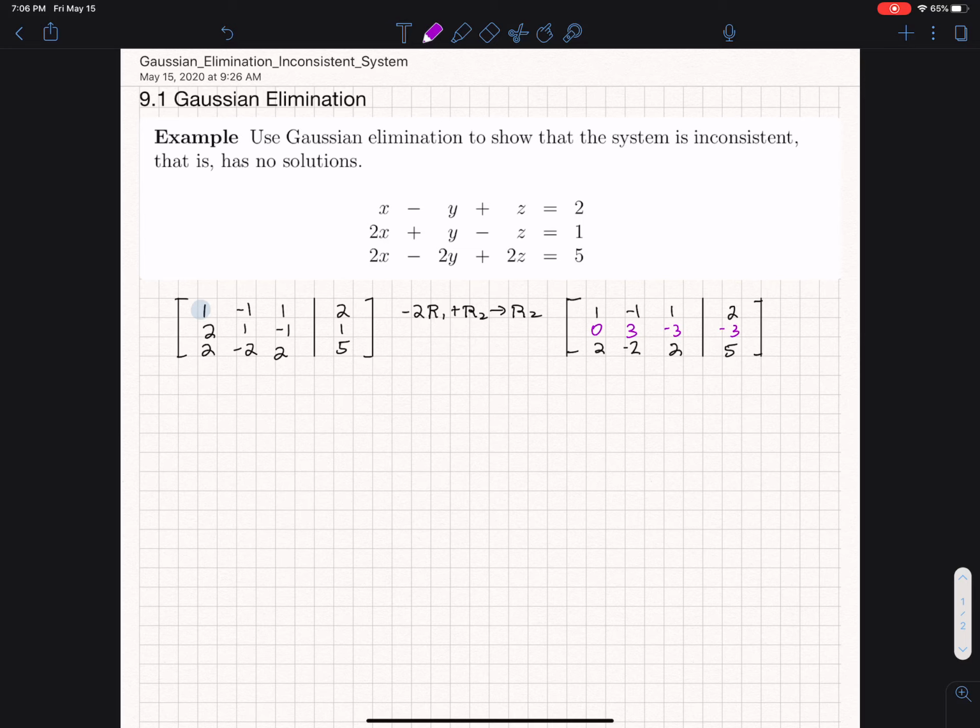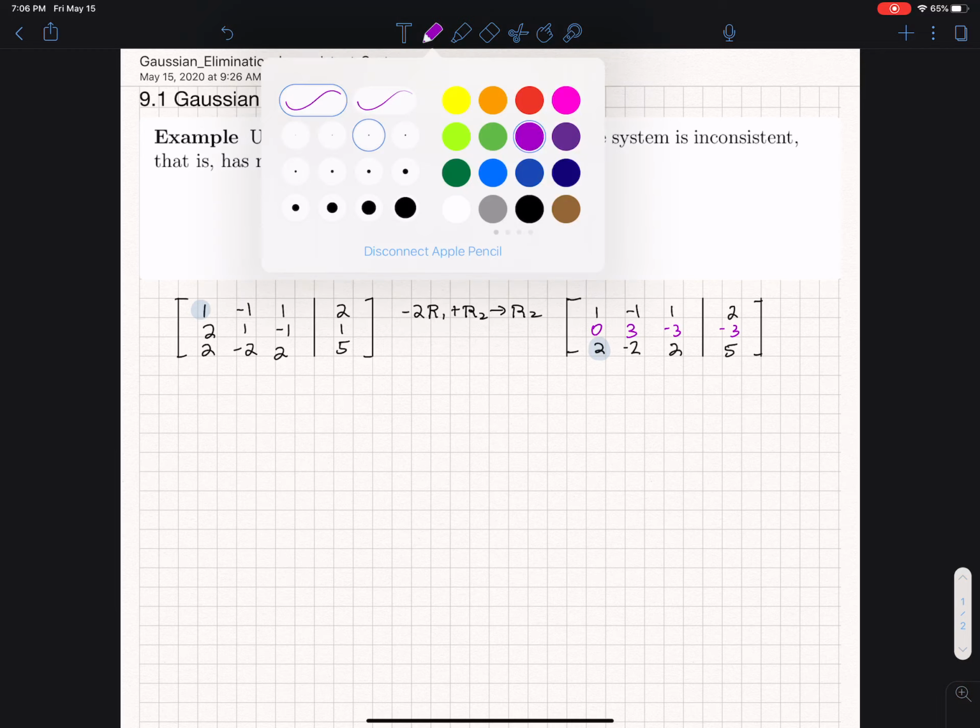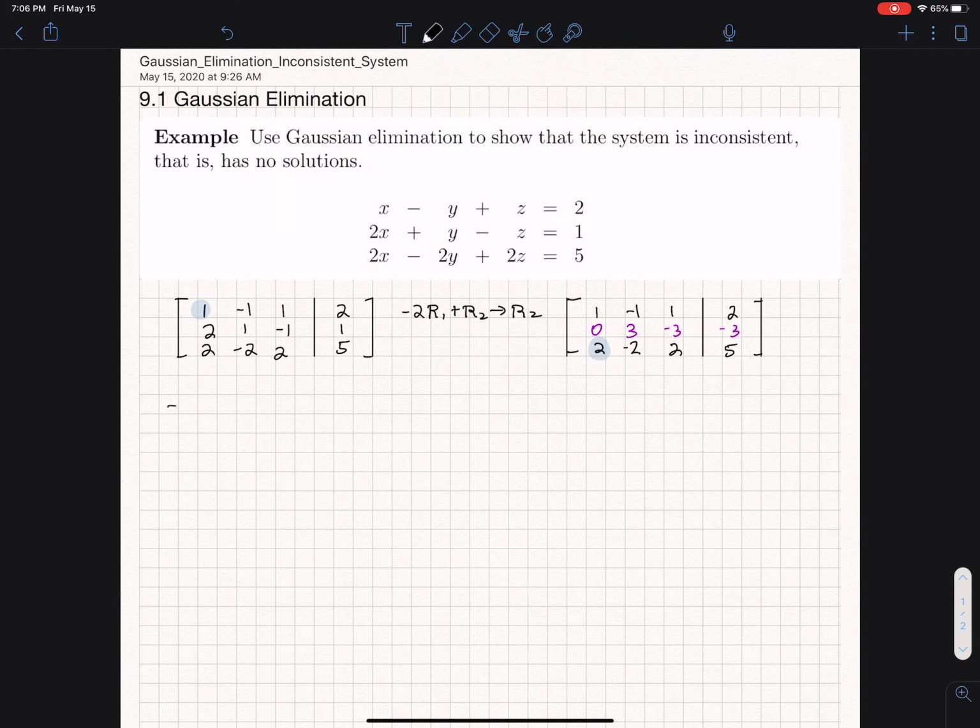Alrighty. And then I can try to kill that 2 there, make that a 0, by taking -2 times row 1 and adding it to row 3, and put that in the row 3 position.